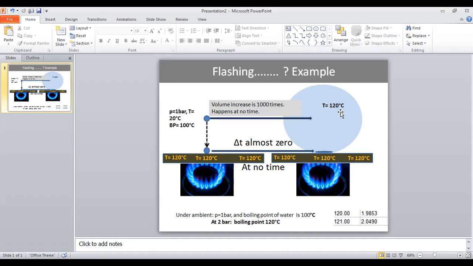But now at 1 bar, 120 means, at 1 bar boiling is 100. So at 1 bar, 120 is surely superheated, something like a gas.